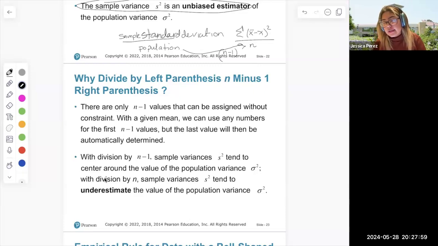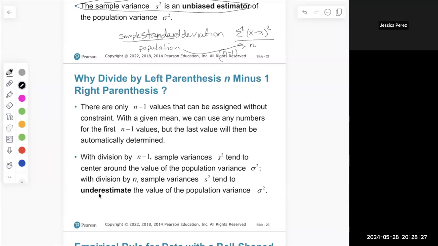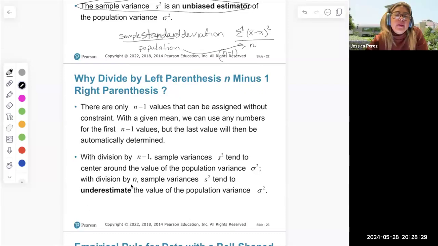So we have to take into consideration how many n values we have. We actually don't know. Remember, for a population, it's more difficult to have something that is predetermined. So then we have to use this n-1 criterion.